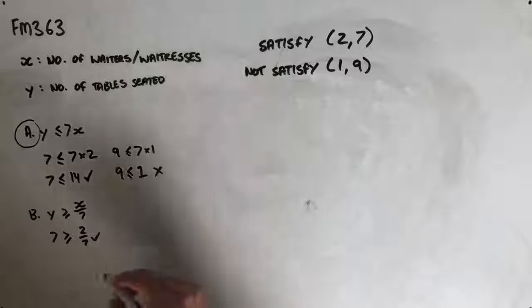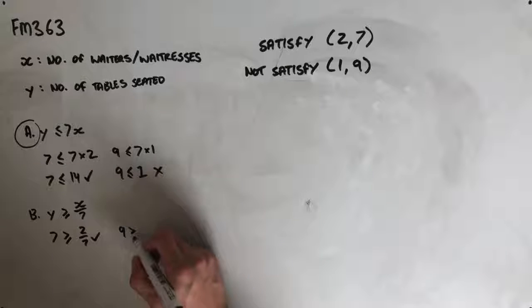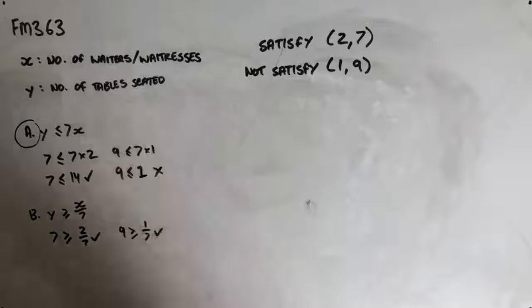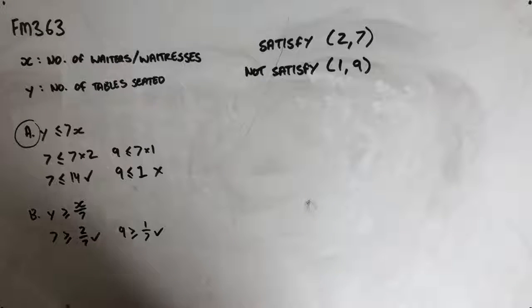And substituting the one that shouldn't satisfy, we get 9 is greater than or equal to 1 over 7. Now this actually does satisfy that inequality, and it's not supposed to. So that inequality does not describe our situation.